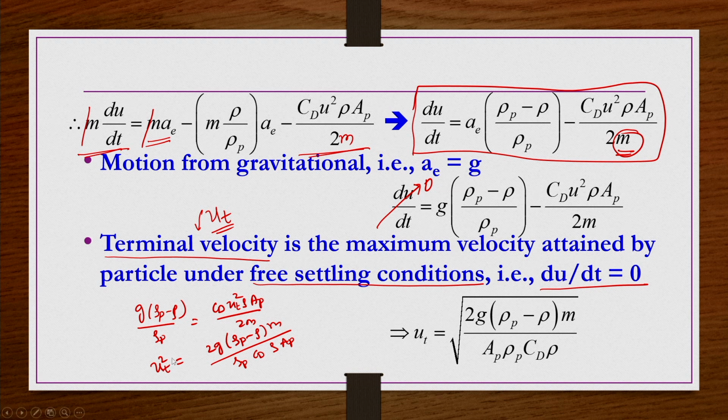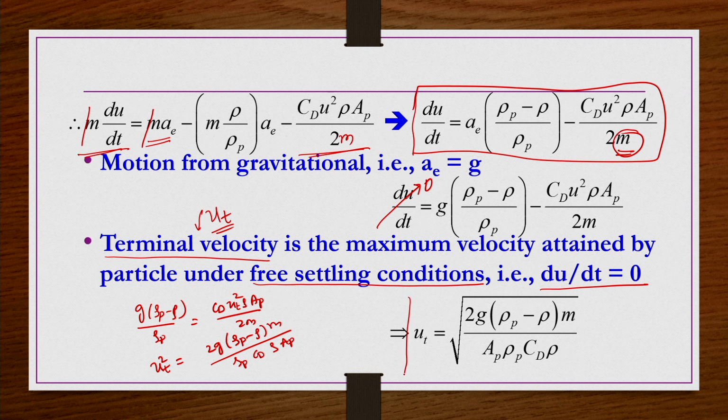This is true under the condition du by dt equals 0, when u is nothing but ut, the terminal velocity. So ut is equal to the square root of 2g (rho p minus rho) m divided by AP rho p CD rho.